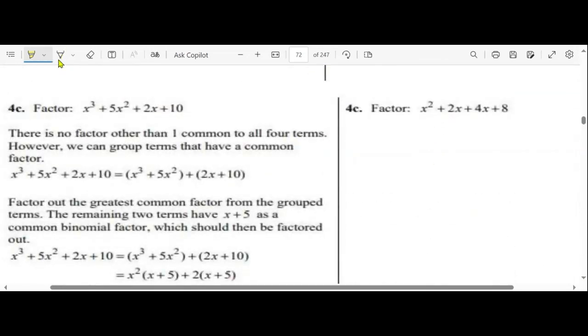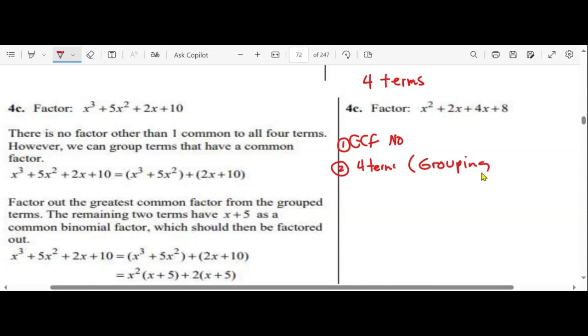Now, how many terms do I have here? 2, 3, 4 terms. Now, the first thing you ask, do we have greatest common factor? The answer is no. Second thing, how many terms do we have? We said 4 terms, not 3. So in this case, we'll do factor by grouping. Grouping means take 2 terms.